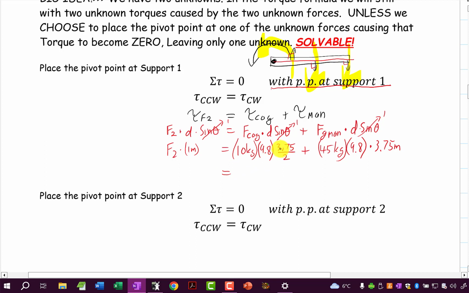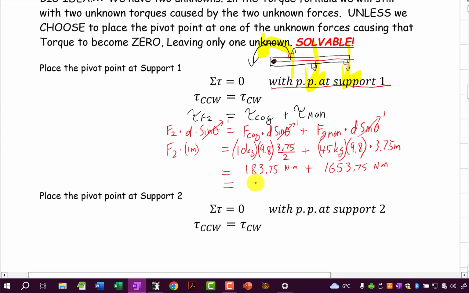98 times 3.75 divided by 2, and you get 183.75 Newton meters, plus, and the guy at the end is causing it 1,653.75 Newton meters.